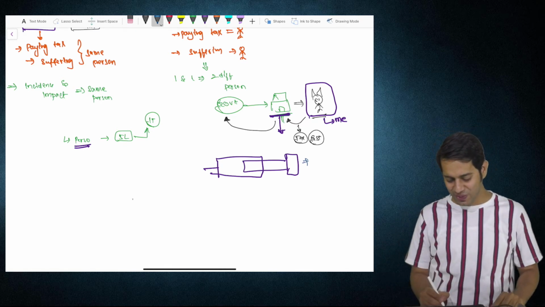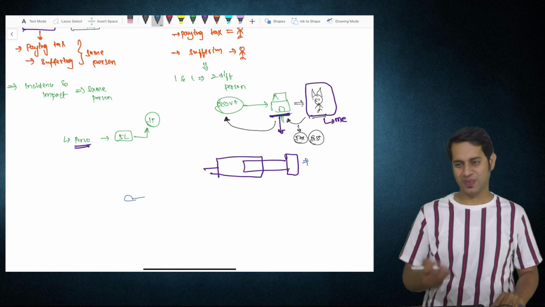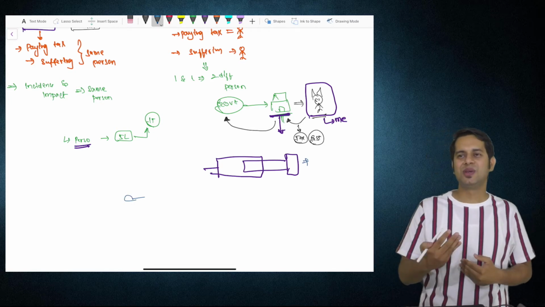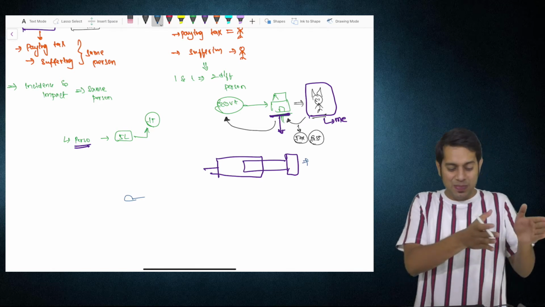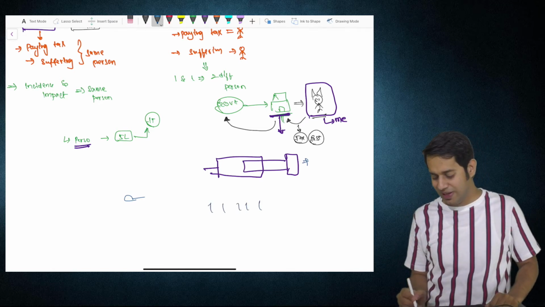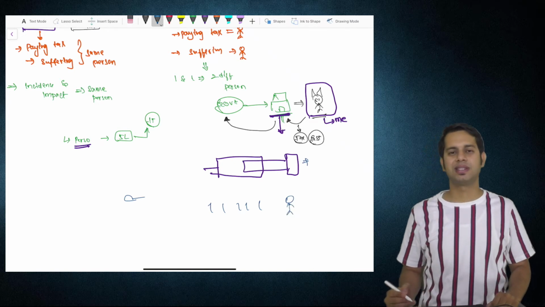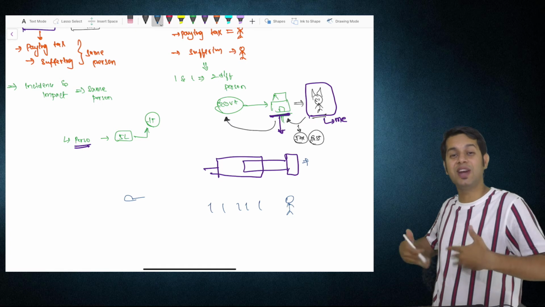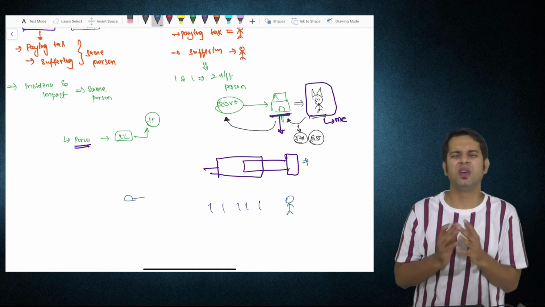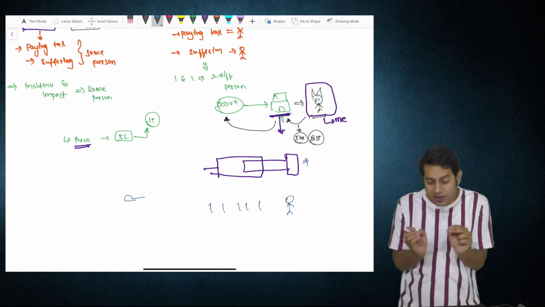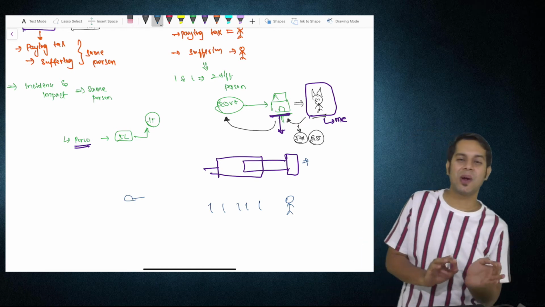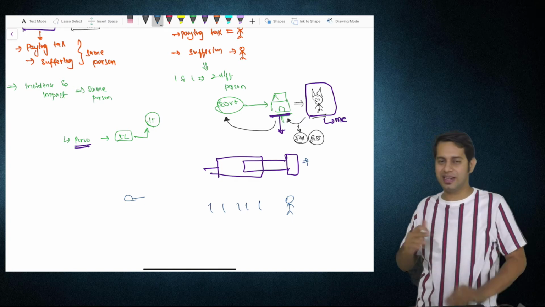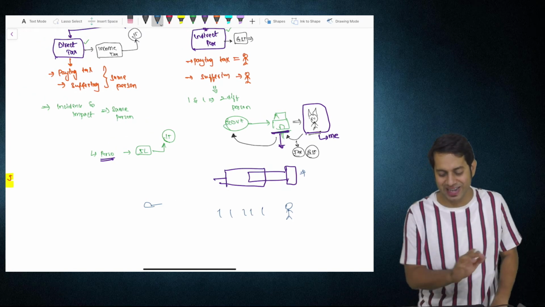Say if there are 10 students whom he is beating, and you are the 10th person, though he is not beating you, you will start feeling the pain as he is beating someone else. That is indirect tax. Though he has not beaten you, you are feeling the pain. Once he beats you, you feel the pain. That is direct tax. This is something which is not related to the syllabus.